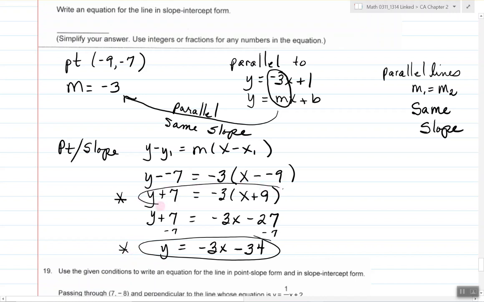So once again, we've done this several times before we took a break and did some graphing. We find our equation in point-slope form, then we simplify it and solve it for y and find it in y equals mx plus b, which is slope-intercept form. This problem was new because it referred to parallel lines.